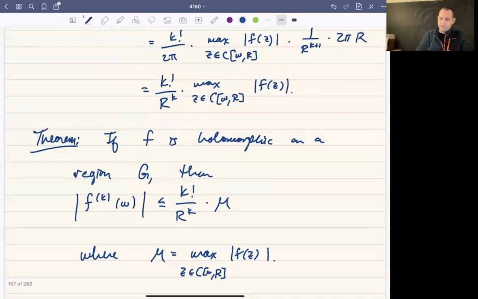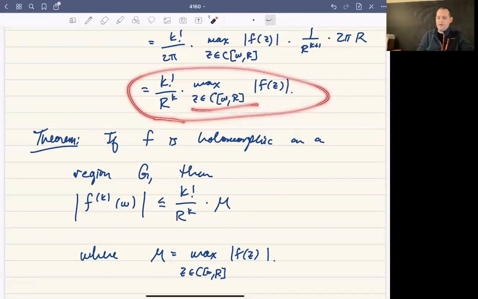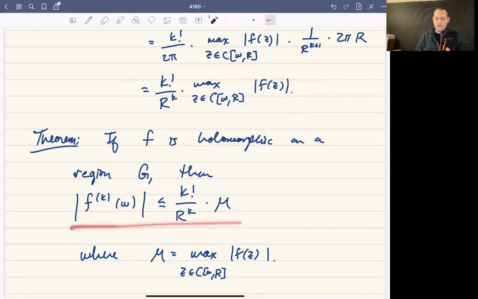Okay, so let M be that maximum, and then the kth derivative has that bound.